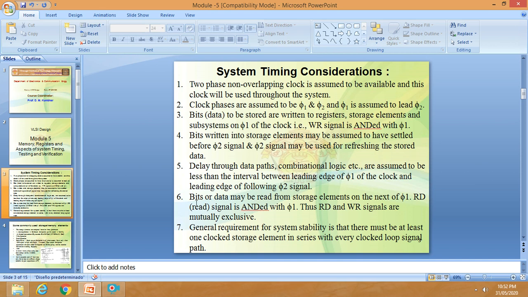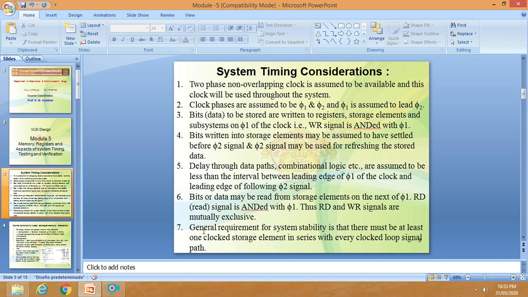Next consideration: bits or data may be read from storage elements on the next clock cycle of phi 1. The read signal is ANDed with phi 1. Thus read and write signals are mutually exclusive.